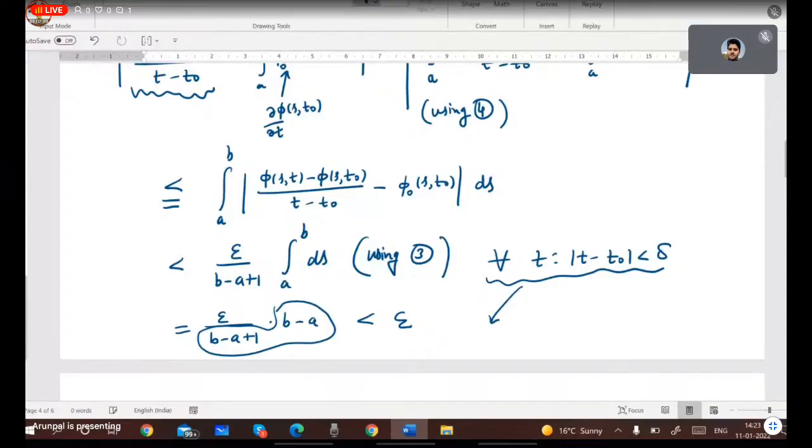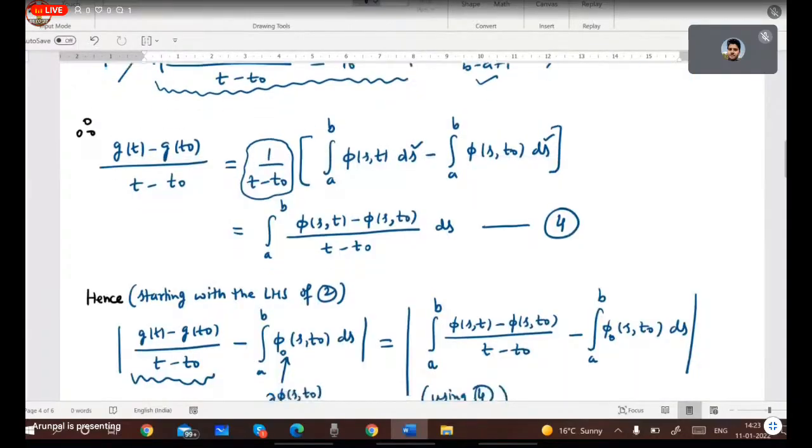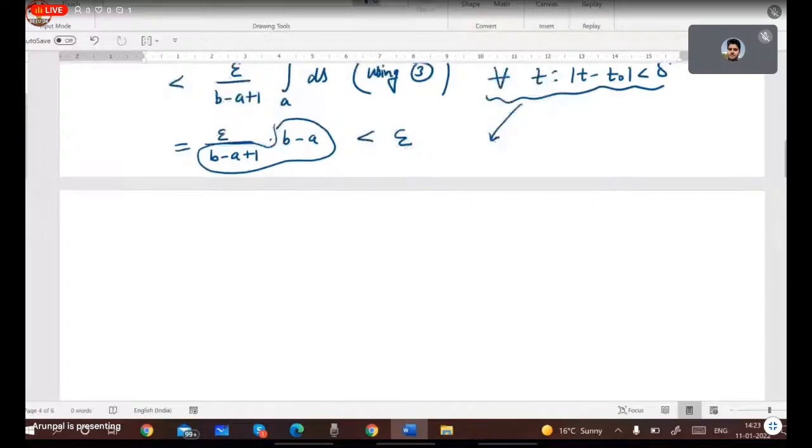This is here as well. So class, that is what we have shown. That is, we have shown that corresponding to the epsilon greater than 0 which we took in the beginning, we are able to show the existence of a delta. This delta we got using the uniform continuity of phi naught.